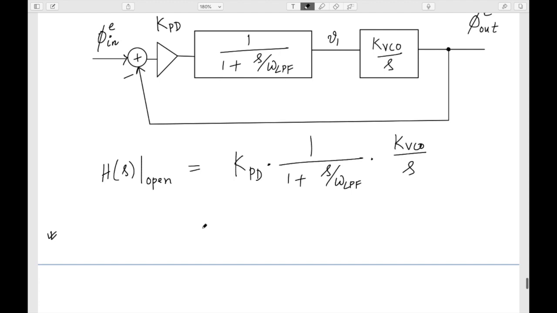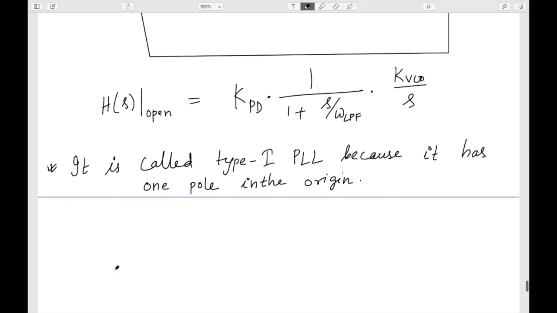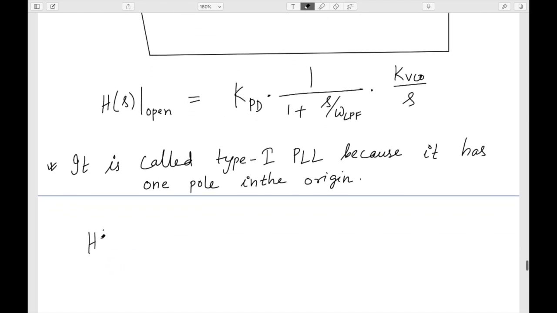We'll see the type 2 PLL also, where the open loop transfer function has two poles at the origin. Now that we have done the open loop transfer function, we can get the closed loop transfer function as well.